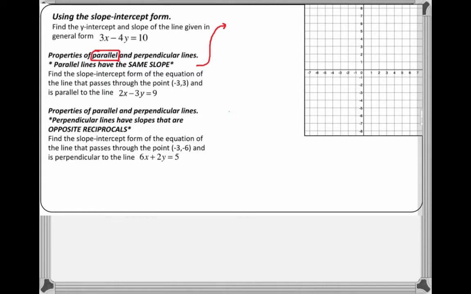So if I want my line to be parallel to the given line and go through a point, I'm going to need a slope, because parallel lines have the same slopes. So it would be real helpful if I knew the slope of that line. So let's go ahead and find it.